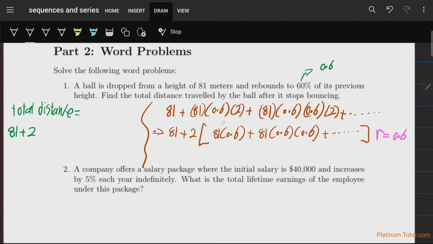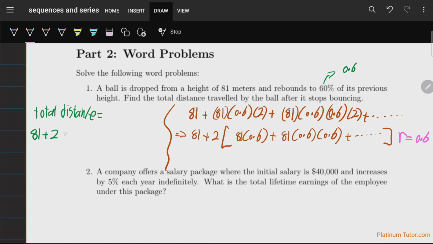This is an infinite geometric series. So we write down the first term. This is our first term, right? It's not 81, it's this guy, all over 1 minus the common ratio of 0.6.